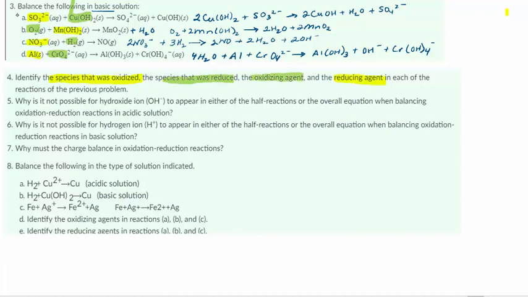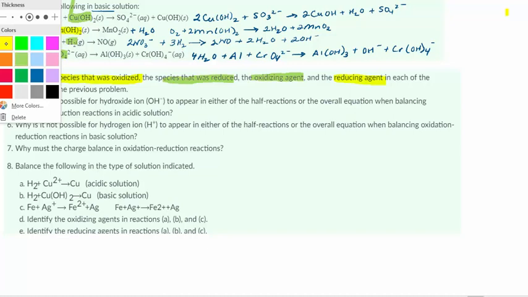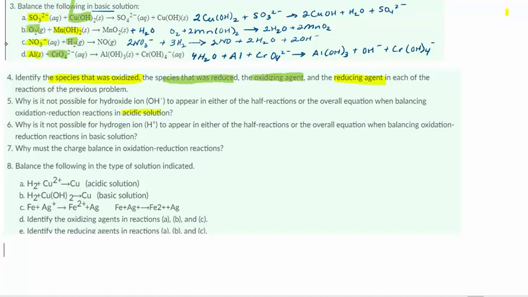Number 5, why is it not possible for hydroxide ion to appear in either of the half reactions or the overall equation when balancing an oxidation-reduction reaction? Well, that's your key right there. In an acidic solution, you won't have a hydroxide ion because a hydroxide ion is a base. And in an acidic solution, you would quench all of the base and push towards the acid.